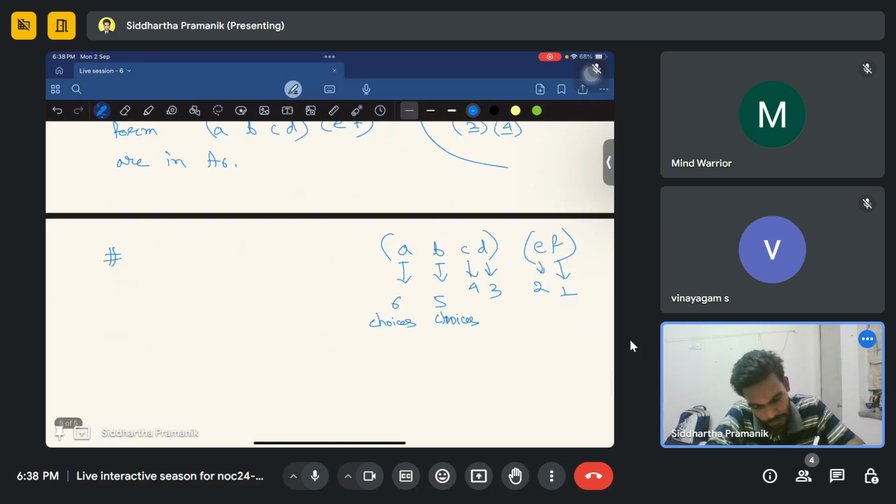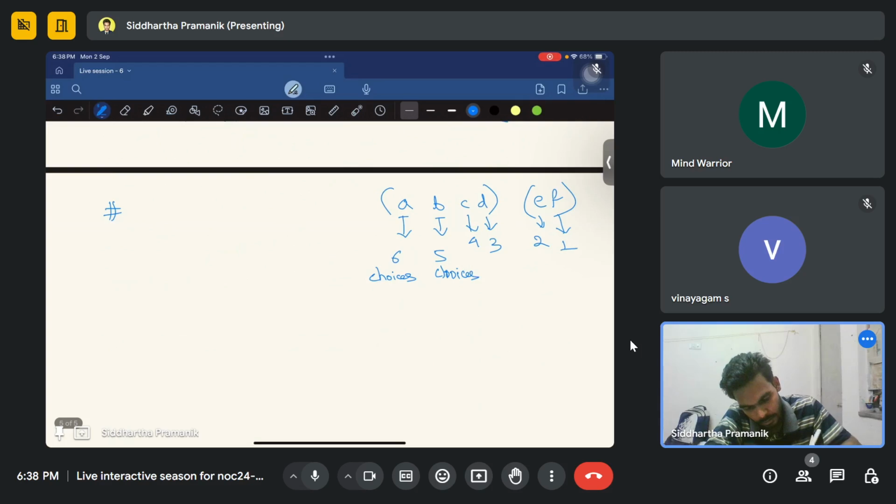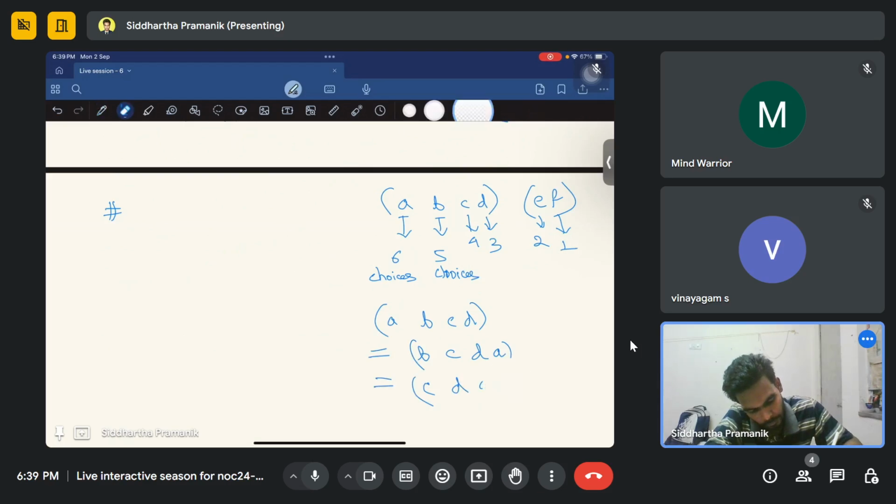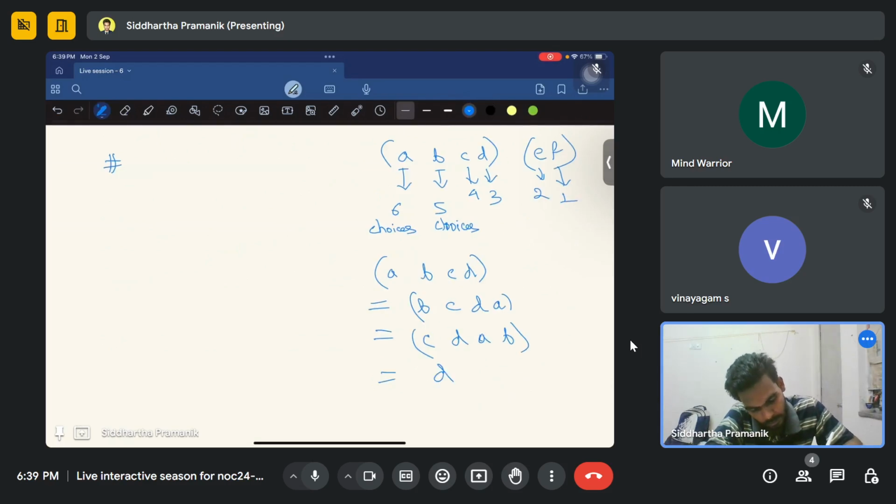But remember that a 4 cycle can be written in 4 ways. So this 4 cycle is the same as if we start at B. Similarly, we can start it at C also, and similarly at D. So these 4 permutations all are equal.